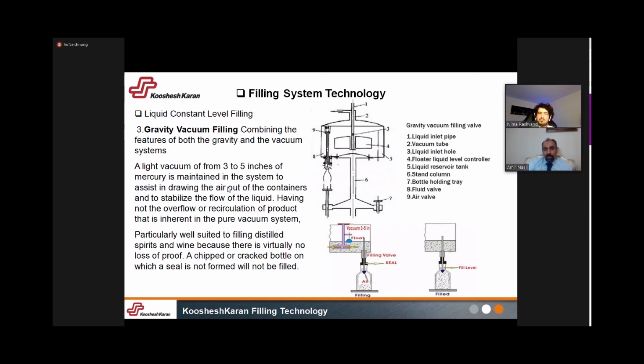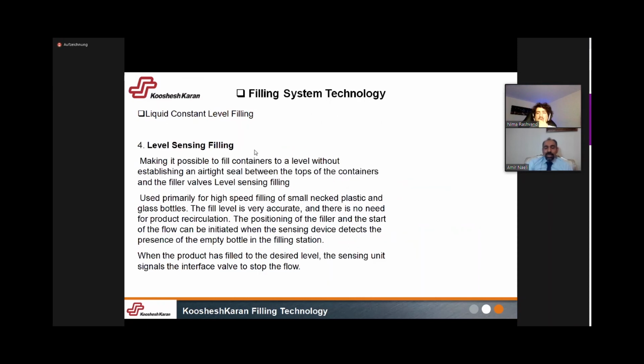The other filling system is level sensing filling, making it possible to fill a container to a level without establishing an airtight seal between the top of the container and the fill valve. The name of this kind of model is no contact filling.